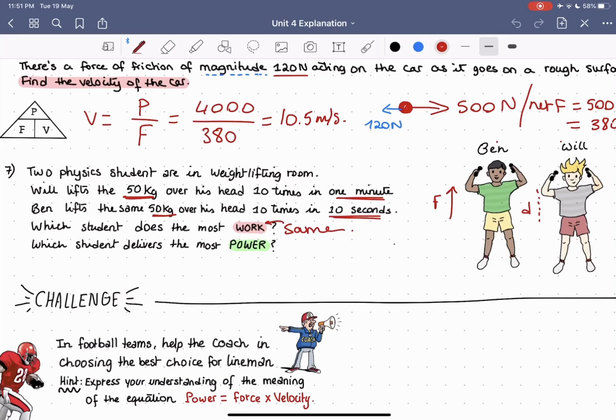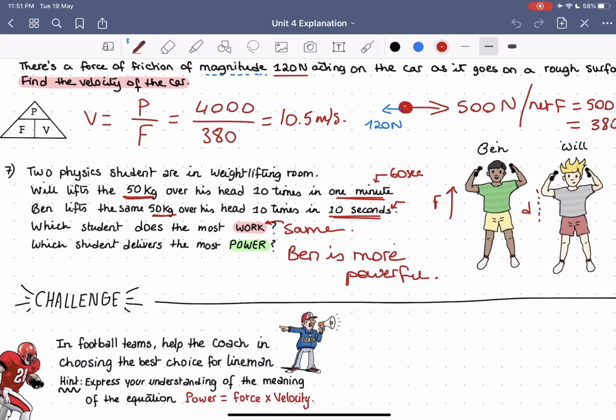But since Will finished in 60 seconds, 1 minute is 60 seconds, and Ben took only 10 seconds, we can state that Ben is more powerful.